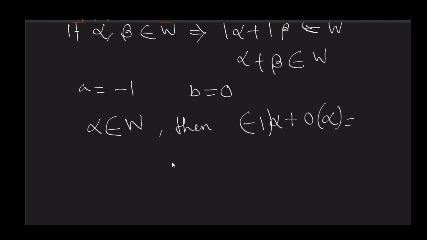Nobody can stop me from doing a alpha plus b alpha. I am not obliged to consider always that alpha and beta are different, right? Alpha and beta both should belong to W, but there is no obligation on me to select alpha and beta different.